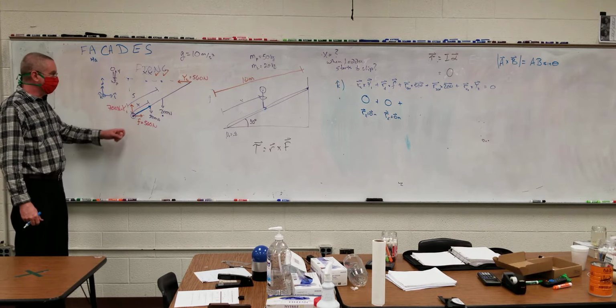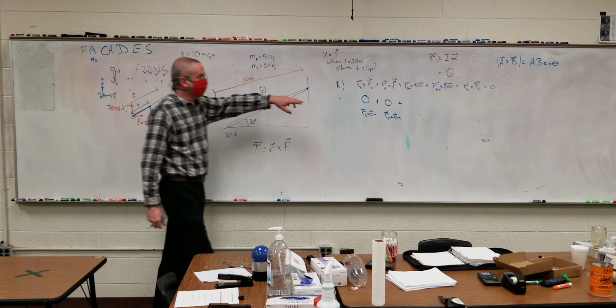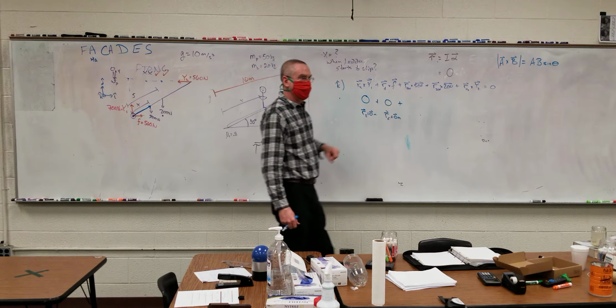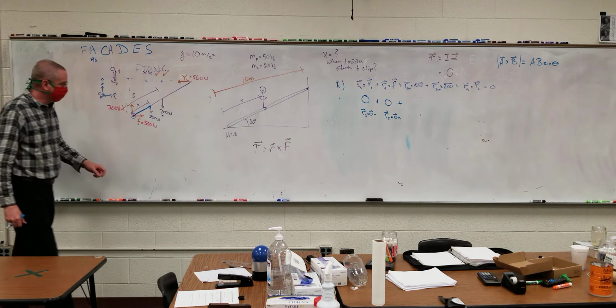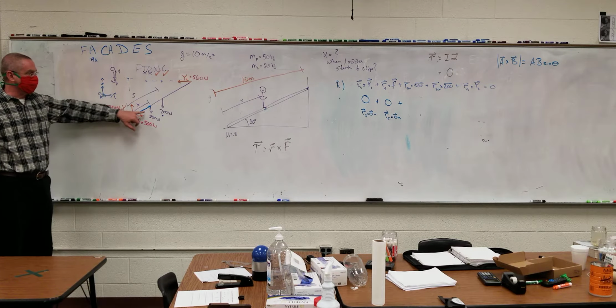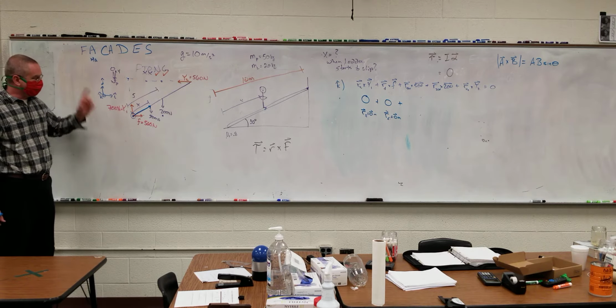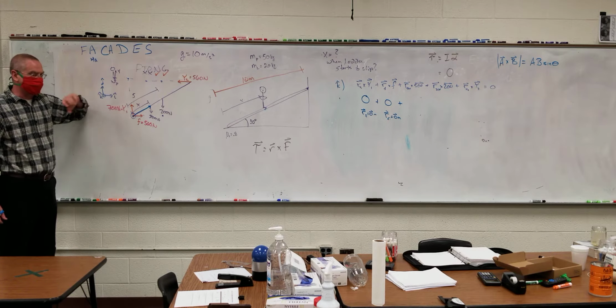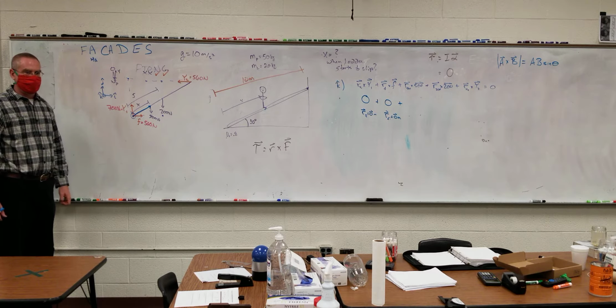Magnitude of the vector, what I've labeled here as R. It's the moment arm, a vector from my pivot point to where the force is applied. My question was, what is the magnitude of that vector? That's what we're trying to find, right?